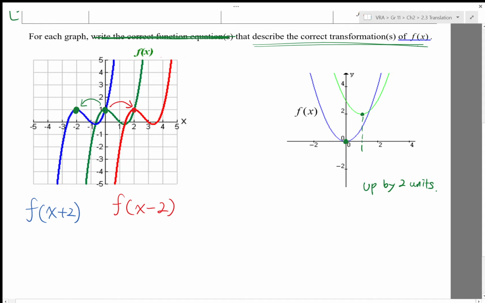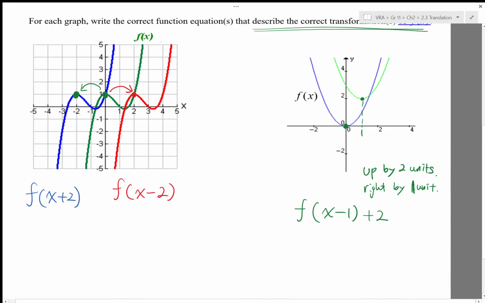And by the way, it moved to the right by 1 unit. These are the descriptions. I forgot to do the description on the first one, but I'm pretty sure you can figure this out because I said that already. So the function is basically just f(x minus 1), because it is 1 unit to the right, and then plus 2 because it moves up by 2 units, okay? So it wasn't so bad, right?